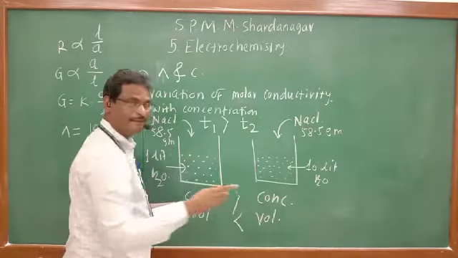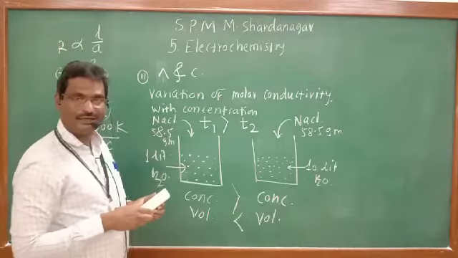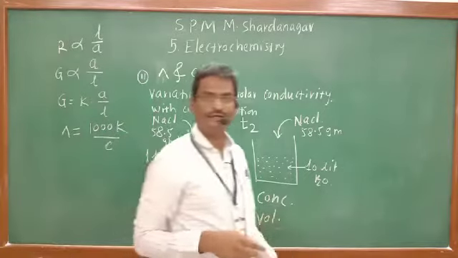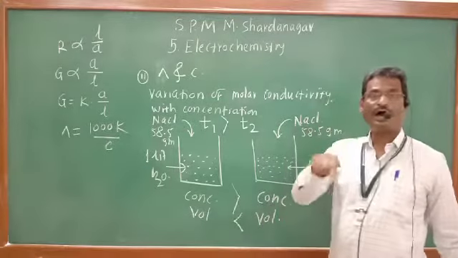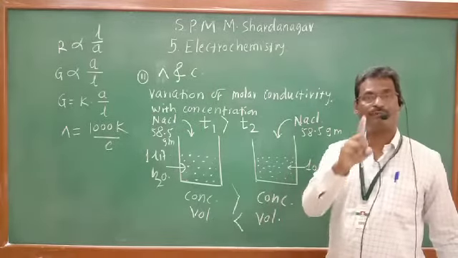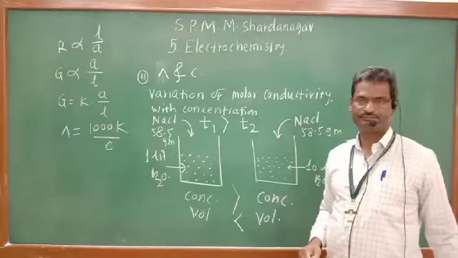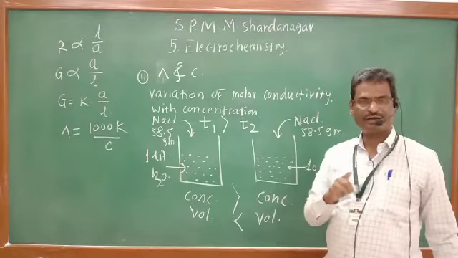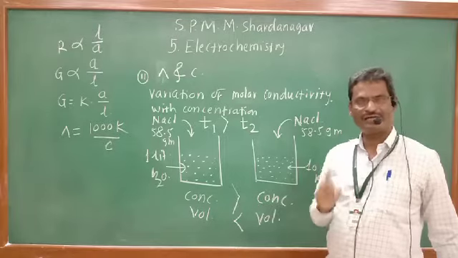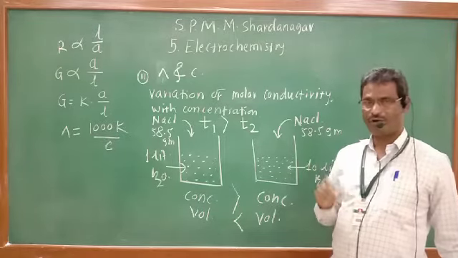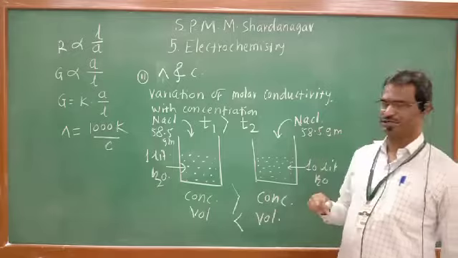Concentration is less, but what is molar conductivity? Molar conductivity is the conductance due to all ions obtained from 1 mole substance. Molar conductivity is a conductance of all ions obtained from 1 mole of substance.